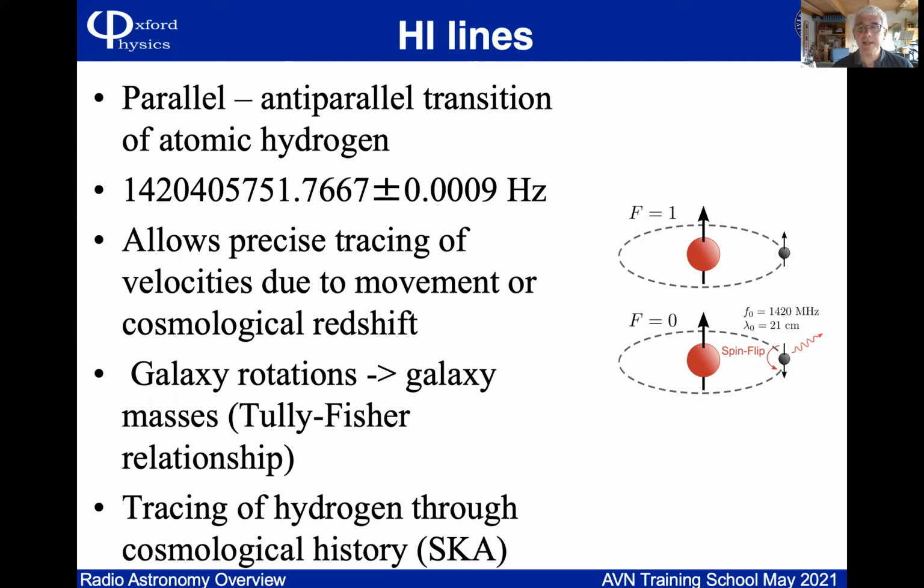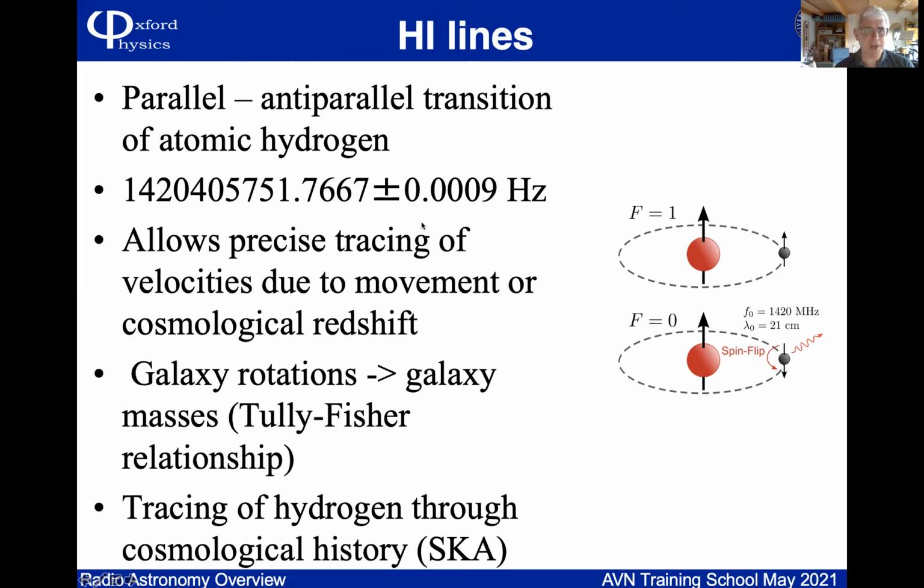Basically this is when you look at the spin of the proton and the electron in a hydrogen atom, and those spins can either be parallel or anti-parallel. The energy difference between the two states corresponds to a photon of this frequency, which you can see is extremely precise.